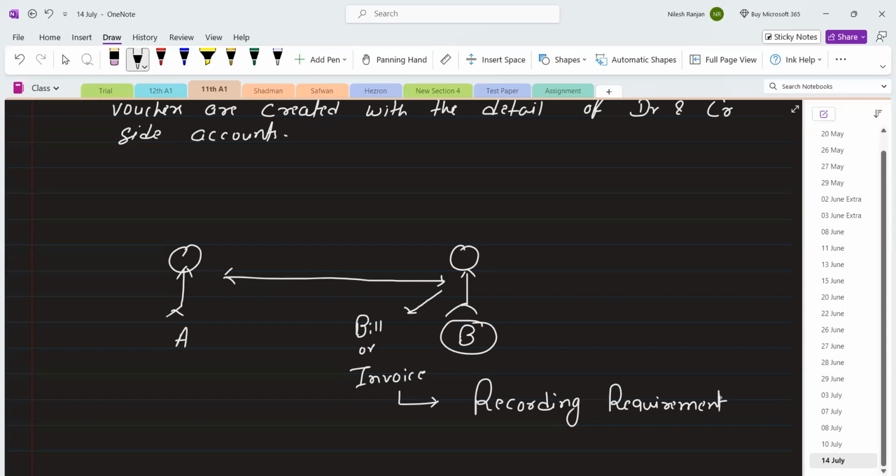Like when you go to a shop and purchase grocery items, what things should be written in the list of those items, you know this.